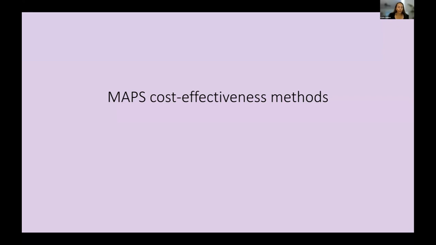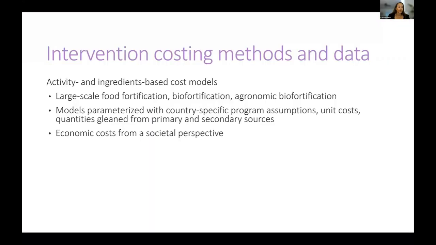Okay, a couple of notes on MAP's cost effectiveness methods before we get started on exploring the cost effectiveness module and working through the case study. So starting with how we estimate costs, we take what's called an activity and ingredients-based approach, or a microcosting approach, to developing the cost models.